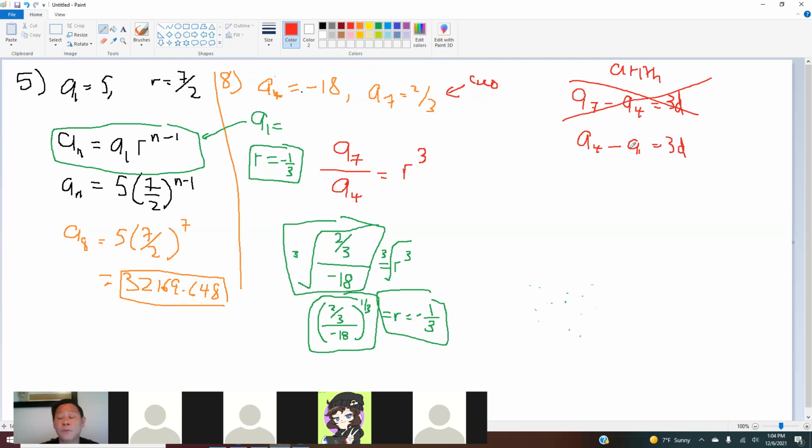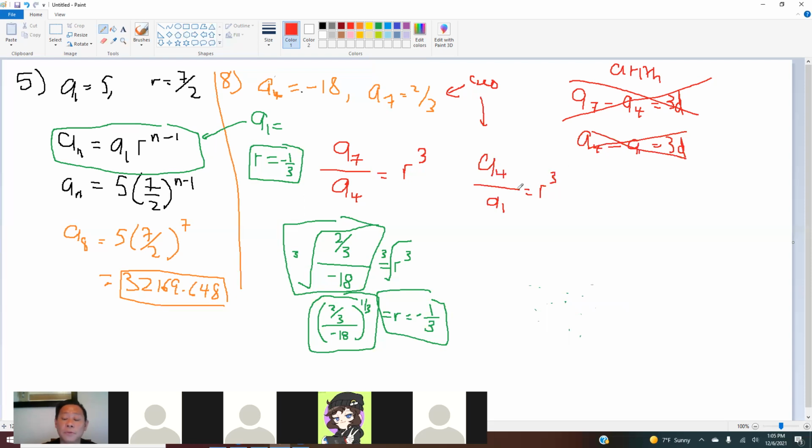Again, we cannot use this because this is for arithmetic. So for geometric, in order to find A1, same thing, we divide. So A4 over A1 equals R to the power of 3.